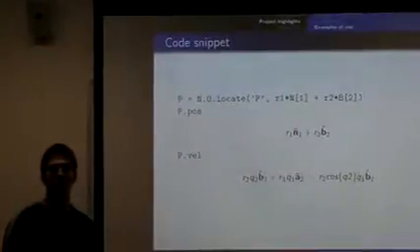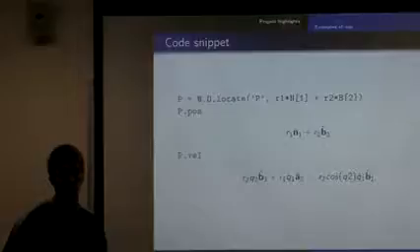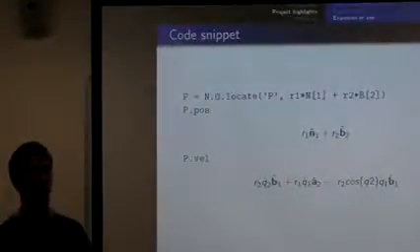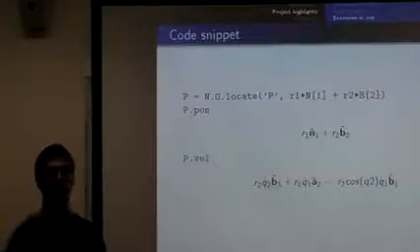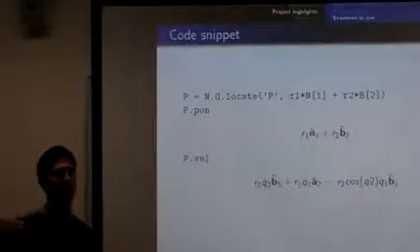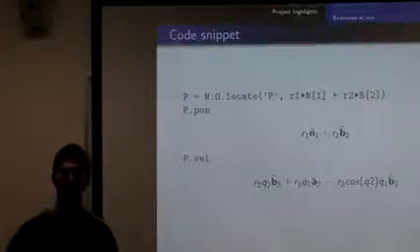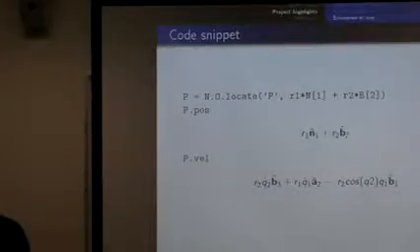But if you're doing Kane's method or some of the other methods out there, you'll introduce what's called a generalized speed, which is a linear combination of the time derivatives of your generalized coordinates. It separates the kinematics of your problem from the dynamics, and it allows you to immediately get first order equations of motion.